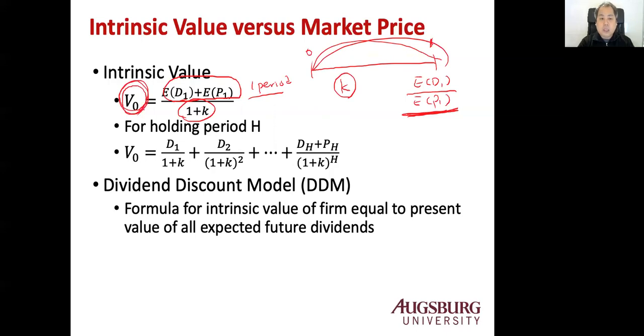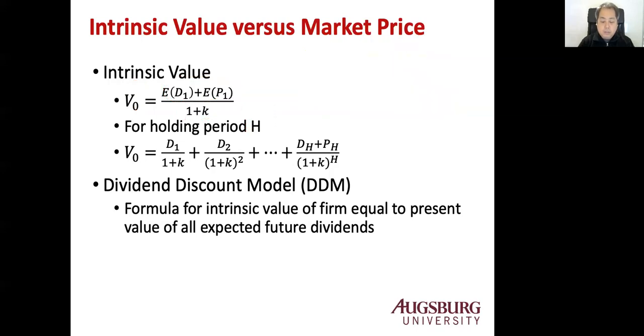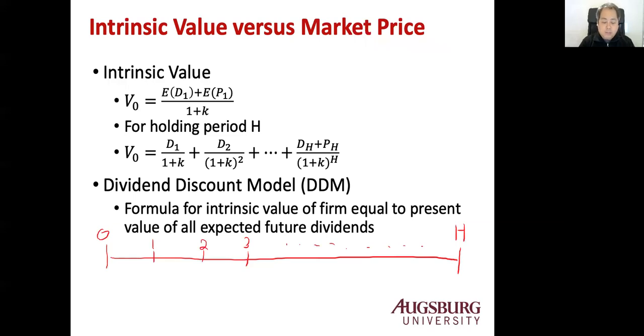If the holding period is H periods, you buy the stock today and hold it for H periods, and you get dividend 1, dividend 2, dividend 3, up to dividend H, and then you sell it for price PH.